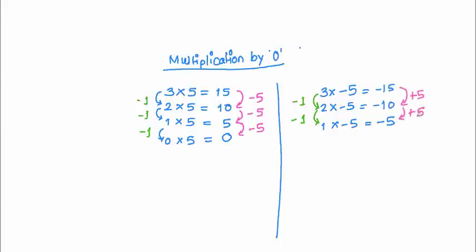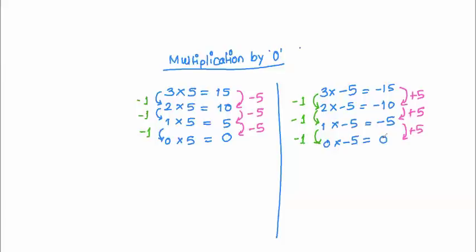So it is becoming +5. So what would happen if I reduce the multiplier further by 1? The answer has to increase further by 5. Correct? So let's see what happens. From 1 minus 1 is 0. So 0 into -5 is equal to -5 plus 5. -5 plus 5 is 0.